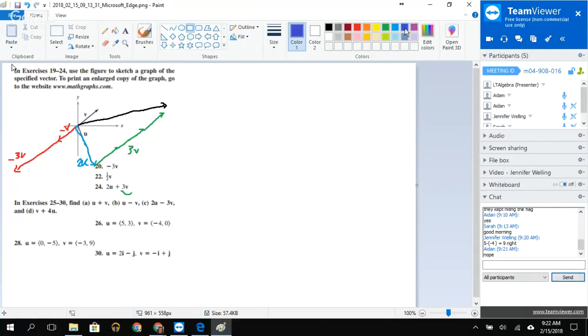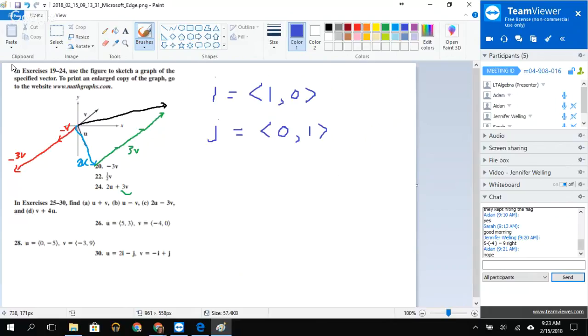Okay, so we have these two unit vectors. We have I, if it will let me write it. I is a unit vector that's represented by 1, 0. And we have J is a unit vector that is represented by 0, 1. Okay, so these are standard unit vectors.